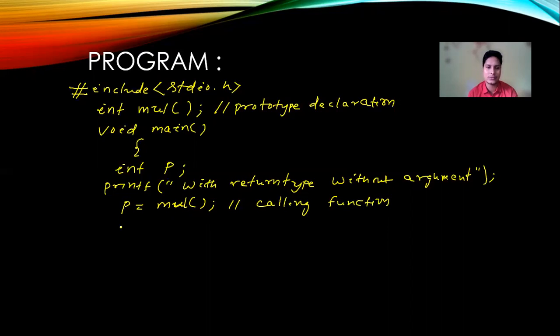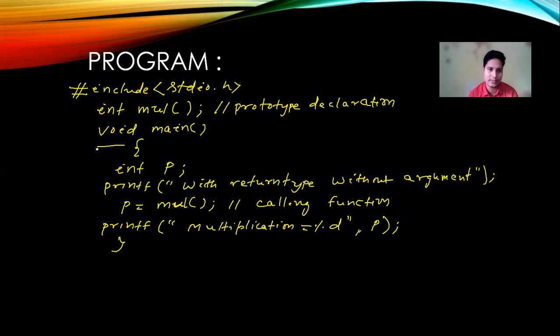Next, using a printf function, I am writing "multiplication equal to %d", double quotation and comma p, bracket and semicolon. So this is the main function part. This is the calling part, that is, the function will be called from this portion. The function must be defined outside the main function.